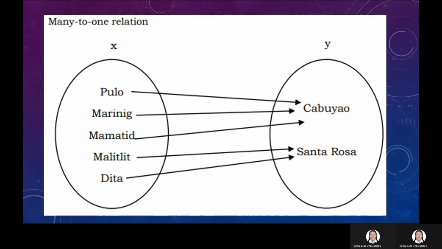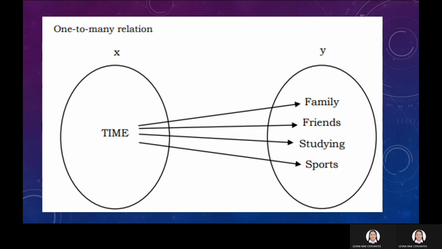For example, Pulo, Marinig, and Mamatid to Kapuyaw. Another example is Malitlit and Dita to Santa Rosa. Next, another type of relation is one-to-many relation. So we have time to family, friends, studying, and sports.